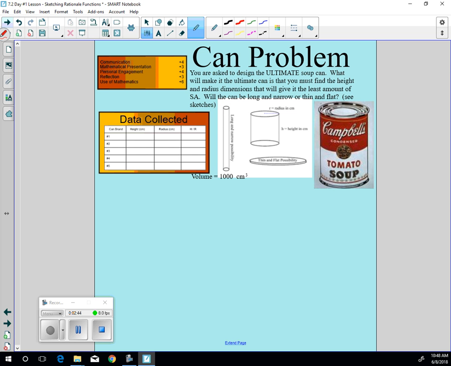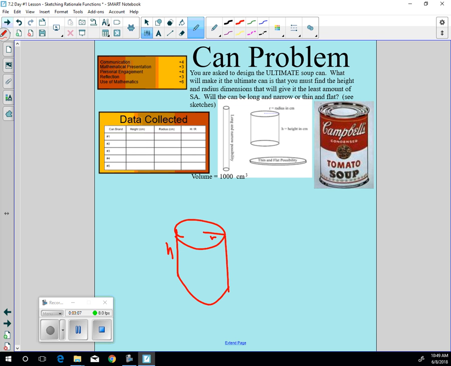If you were to make the ultimate can, how would the dimensions look? For any can, you have a circle on the bottom, pi r squared, and you have a height, h. How would that height and radius work?